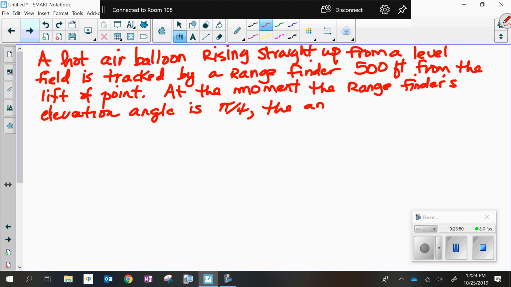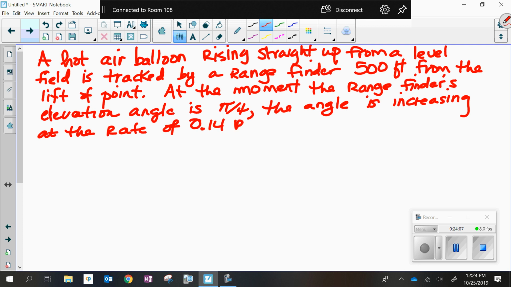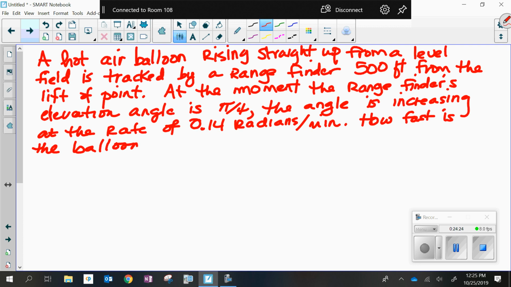The angle is increasing at the rate of 0.14 radians per minute. How fast is the balloon rising at that moment?